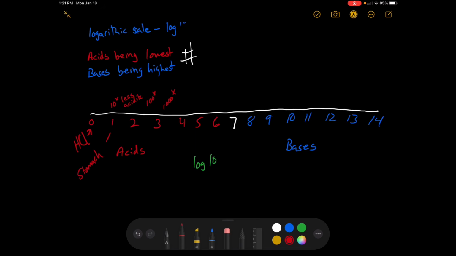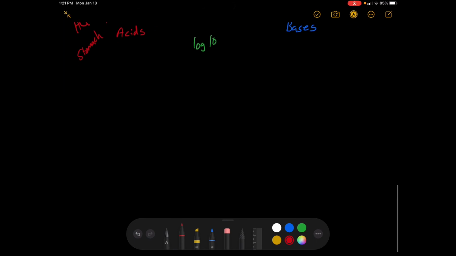What we're going to be doing is discovering the pH of various acids. And then the last thing I want to say is that there are strong acids that you need to memorize.